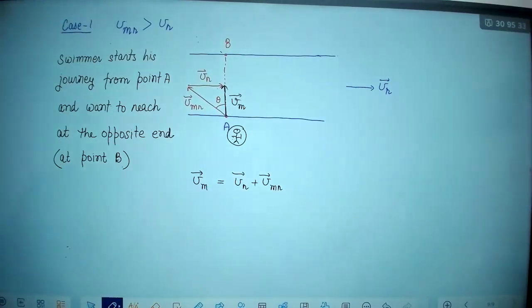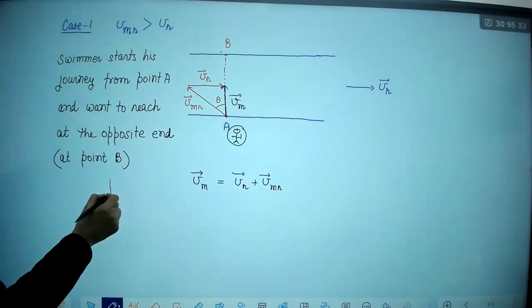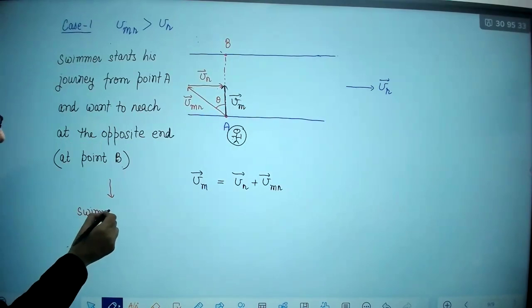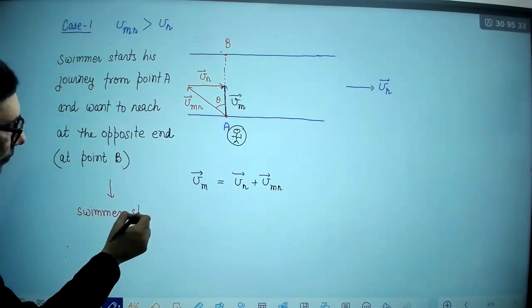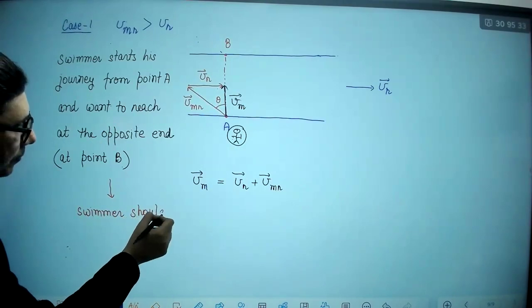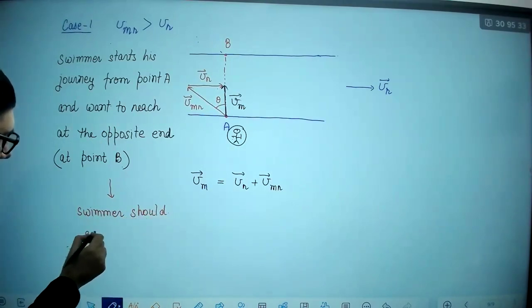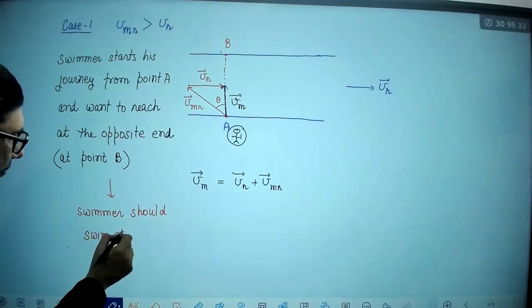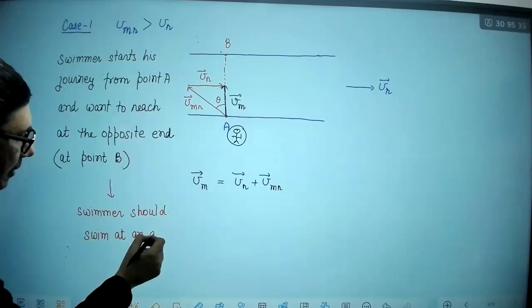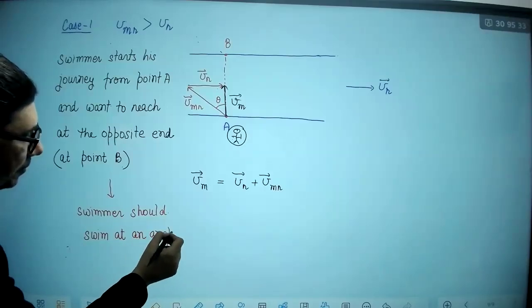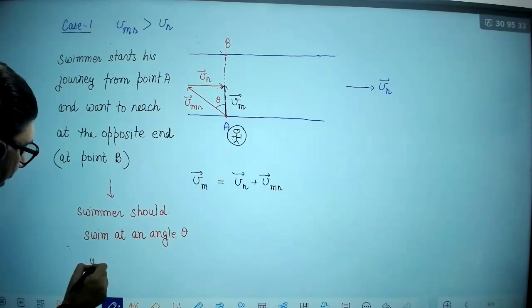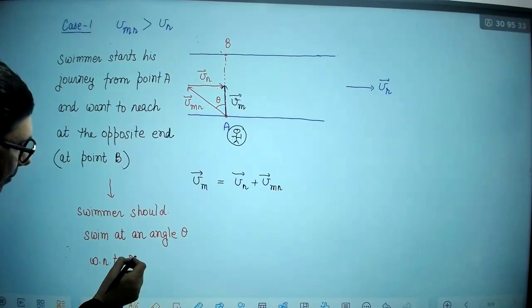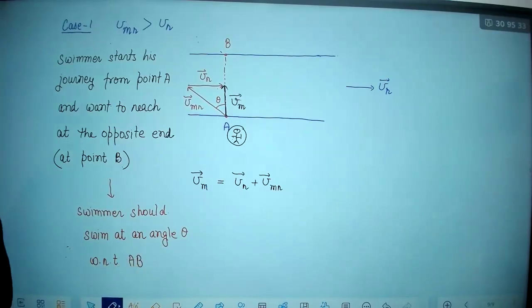So basically for this purpose, the swimmer should swim at an angle theta with respect to AB.